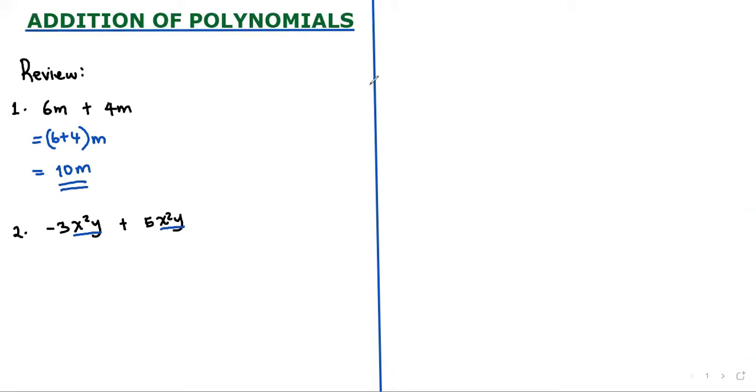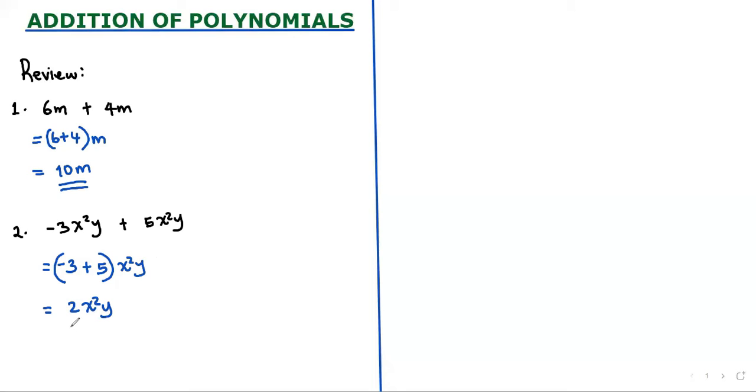So what we have to do, we get the sum of the coefficients. So that is negative 3 plus 5. And we multiply it by the variables. So that we get negative 3 plus 5, that is 2, then times the variables, that is 2x squared y.